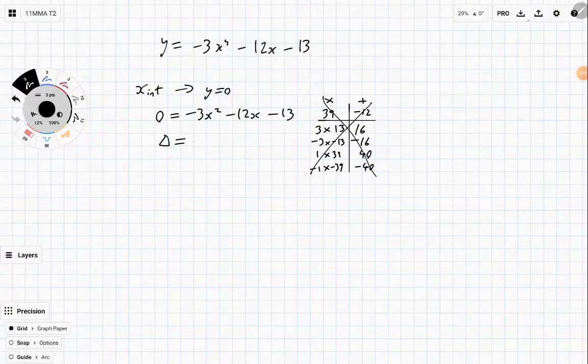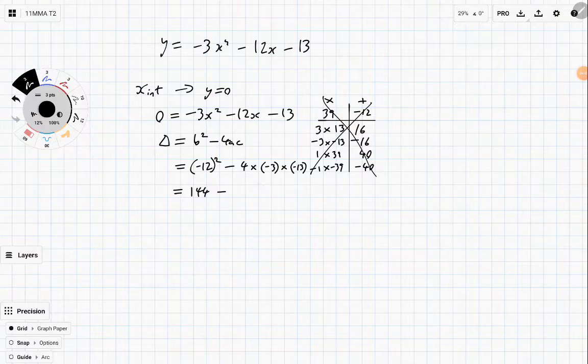So we've got b squared take 4ac, which is going to be negative 12 squared take 4 times negative 3 times negative 13. Negative 12 squared is 144. So it's looking pretty likely it's going to be positive until you look at the next bit.